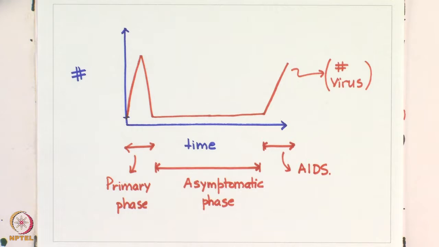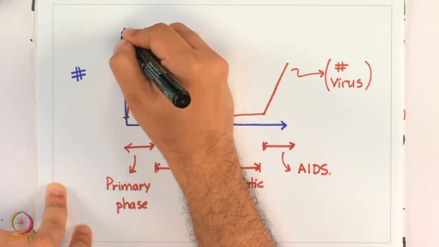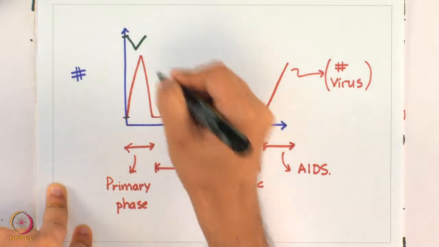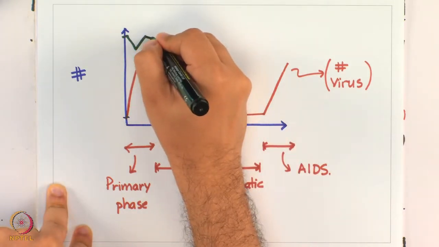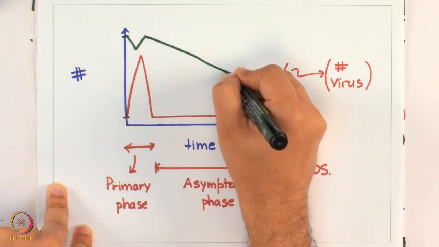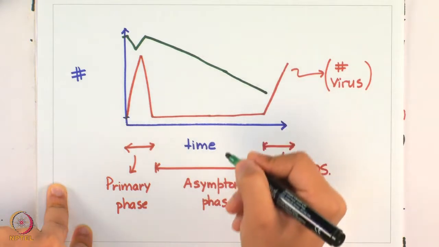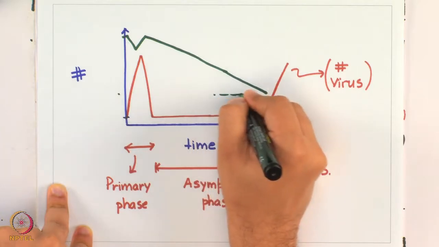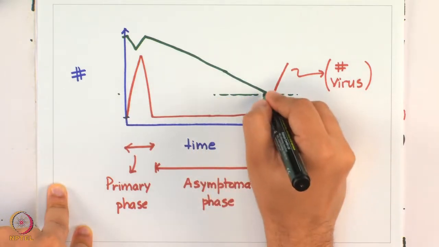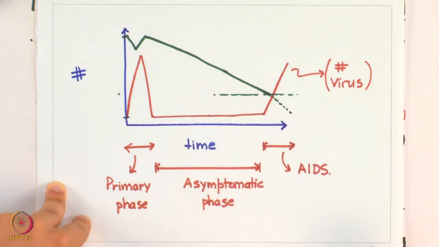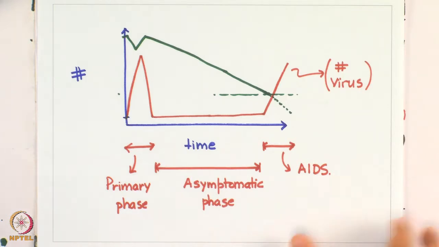Along with this, if we take a look at the CD4 cell numbers, they go down, are able to recover, but then in the asymptomatic phase there is a constant decrease in CD4 cells over time, and when they cross a certain threshold, that's when the virus is able to grow practically uncontrolled and go to very, very large numbers in the host.